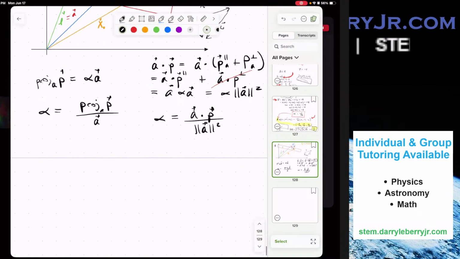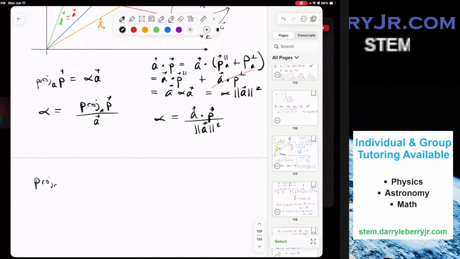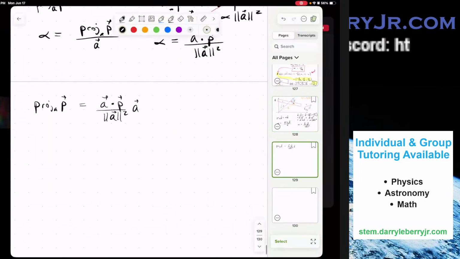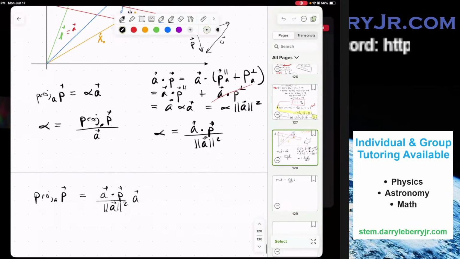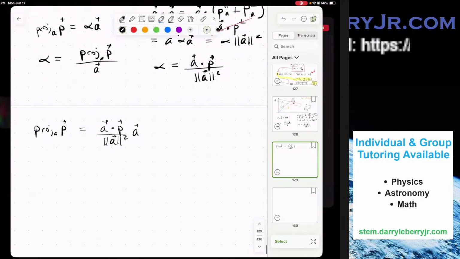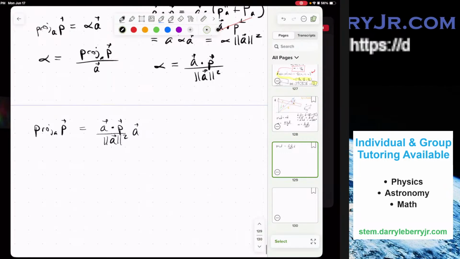Easy enough. So the projection of P onto A equals A dot P over the magnitude of A squared times A. And they want us to find the distance from W to the plane, and that's what that is, the projection of P onto A. So all I have to do is, they want the distance, so they want the magnitude. So it's the magnitude of this.